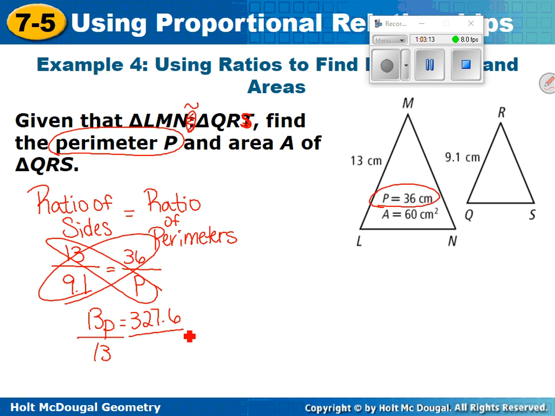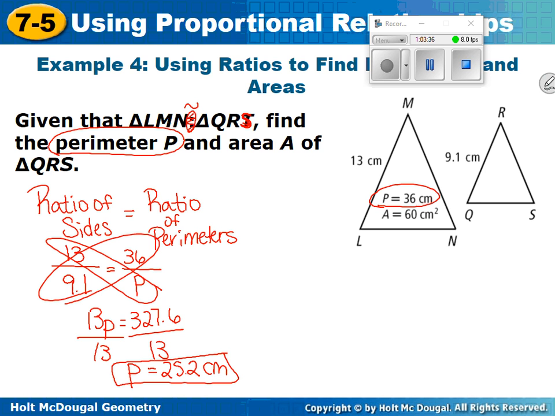Divide by 13. What is the perimeter? 25.2. Somebody agree? Okay, and what are our units? Centimeters.